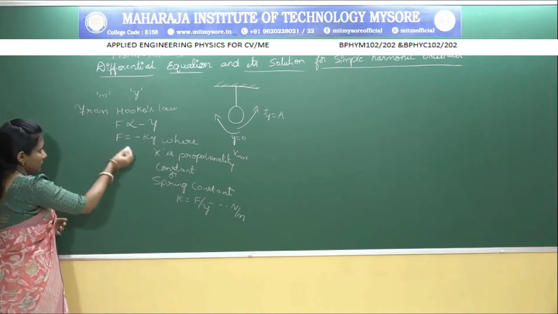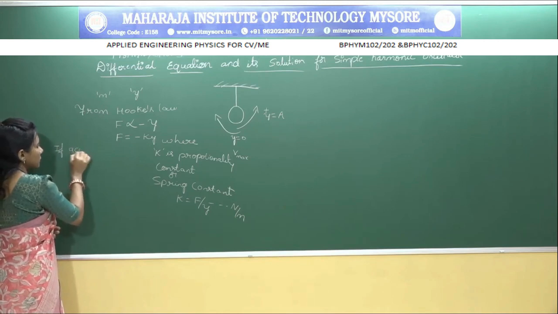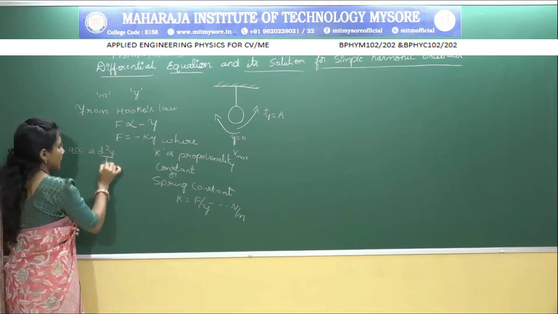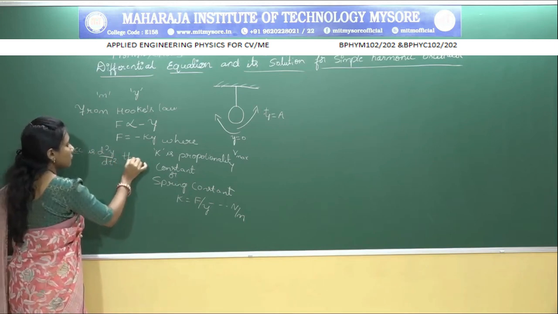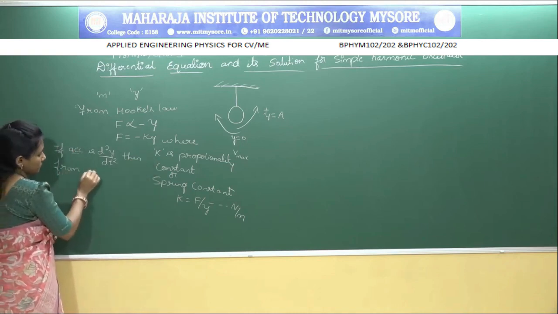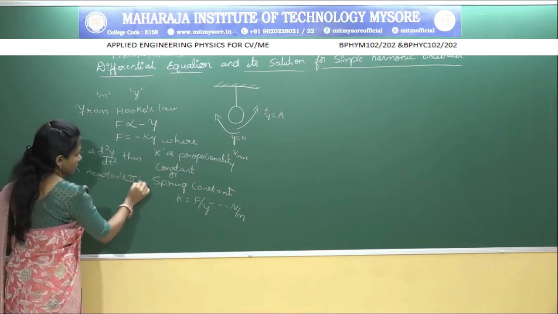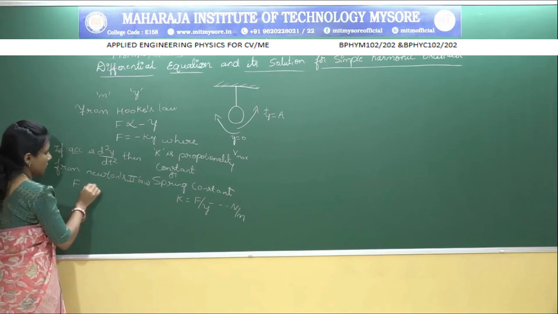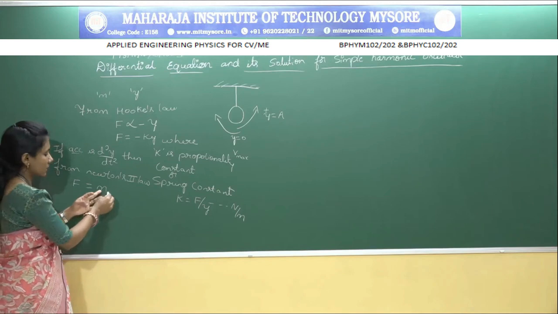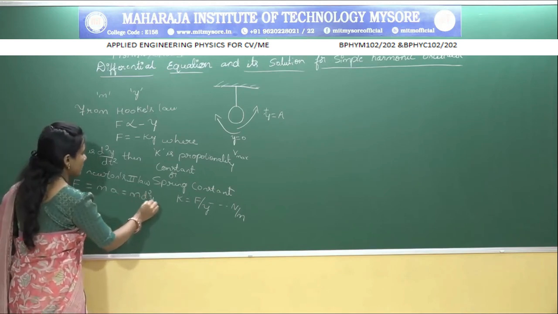If the acceleration is d square y by dt square, then from Newton's second law, F is equal to m into a, so we can write it as m into d square y by dt square.